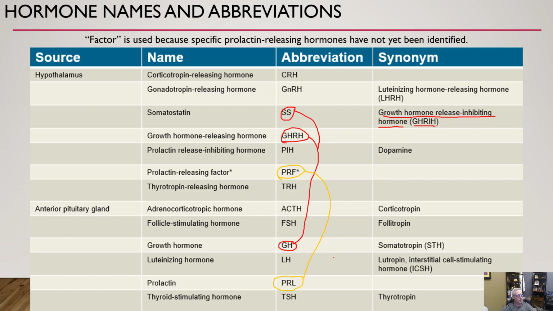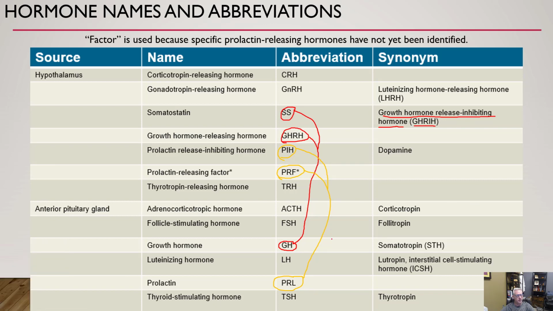And we also have this thing called PIH, prolactin release inhibiting factor, that would inhibit the release of prolactin.